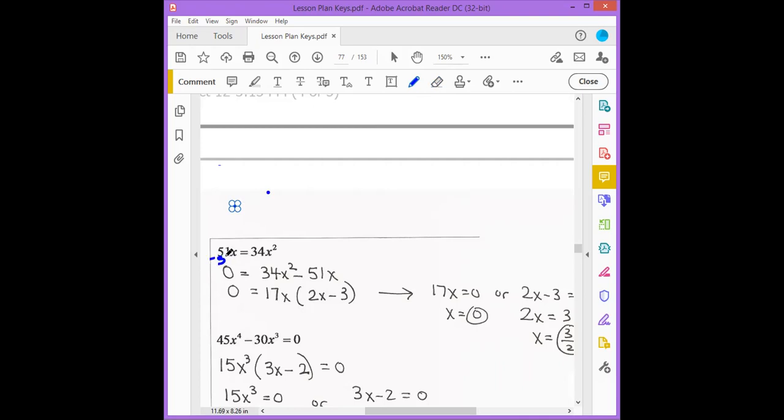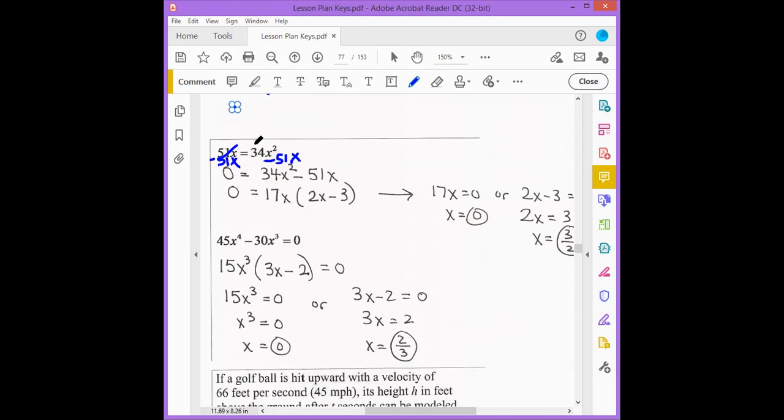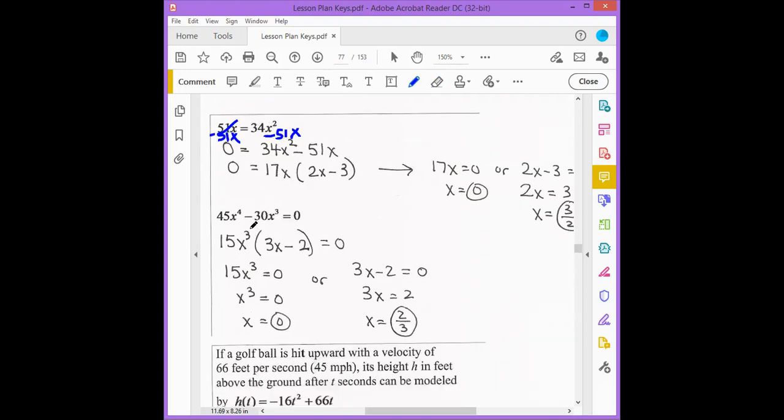So we're going to subtract 51x from both sides of this equation first. When we do that, the 51x will cancel on the left side, leaving 0. And on the right side, we'll have 34x squared minus 51x.